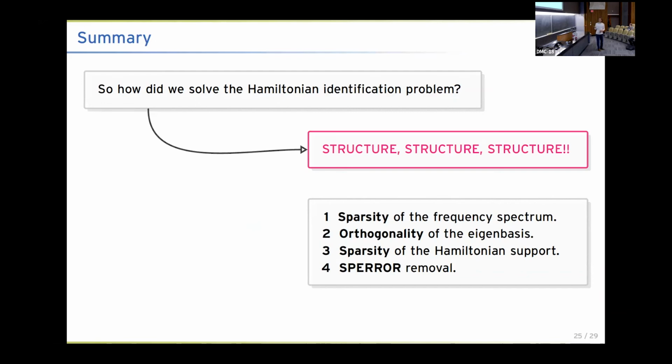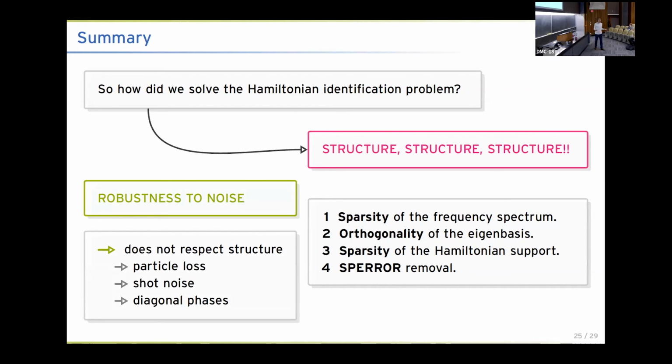Then we also, I haven't talked about that, use sparsity of the Hamiltonian support to implement a penalty term for off-diagonal couplings which were farther away from anything that's physically reasonable. And we remove state preparation error by, remember, just taking the inverse of the time series.